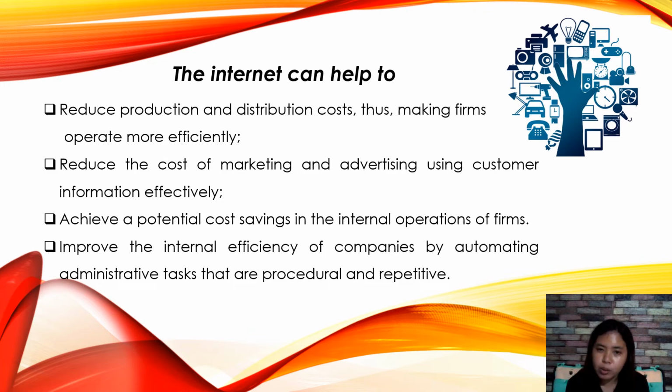And information also on raw materials, supply of raw materials, the capacity of manufacturing, and orders from wholesalers, distributors, and retailers are all combined to enhance supply chain management. Last but not the least is the internet can help to improve the internal efficiency of companies by automating administrative tasks that are procedural and repetitive.